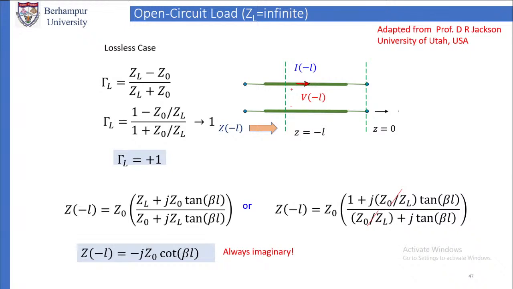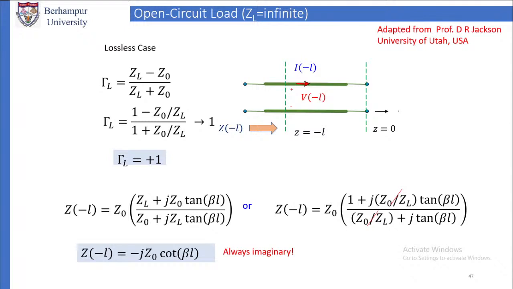So for any point where small z is equal to minus L, the impedance expression is ZL plus jZ0 tan beta L by Z0 plus jZL tan beta L, whole into Z0. Now what I'll do is divide the numerator and denominator by ZL. Then this expression becomes Z0 whole into 1 plus j Z0 by ZL tan beta L divided by Z0 by ZL plus j tan beta L.